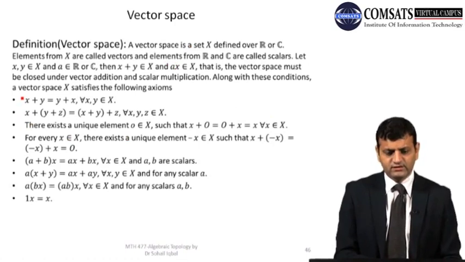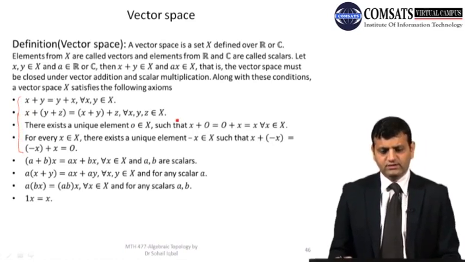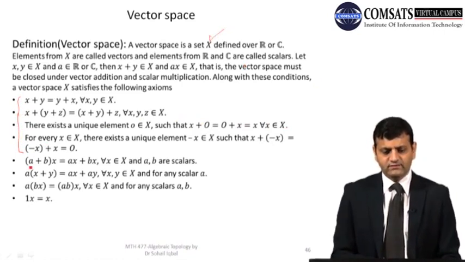The first four conditions make sure that this set X is an abelian group, and we have a few extra conditions apart from the abelian group. These conditions make sure that the elements of X and the elements of the field behave in the way that we want them to.